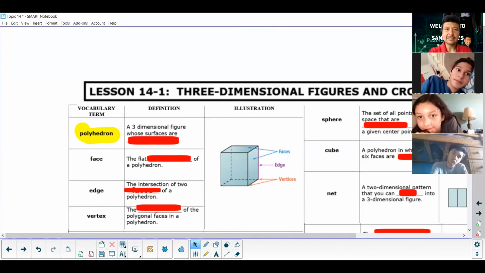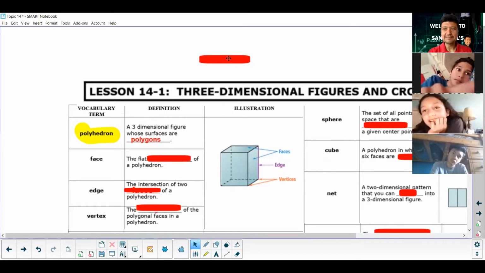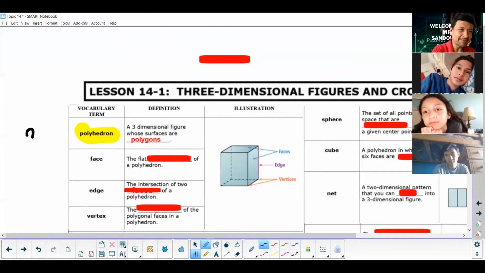You know what that blank is? Surfaces are polygons. Okay. Hey, so kids, what qualifies as a polyhedron? A figure whose surfaces are polygons. Yeah, so basically it's trying to say that any 3D shape is a polyhedron.